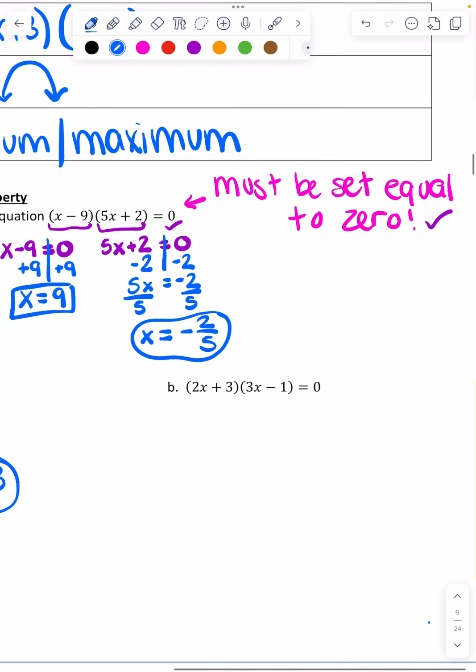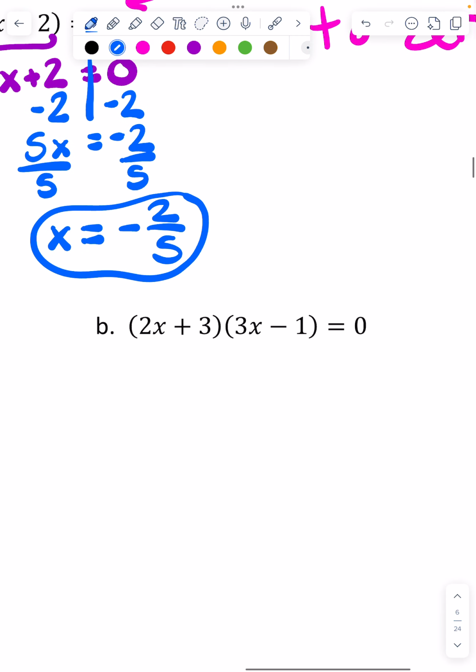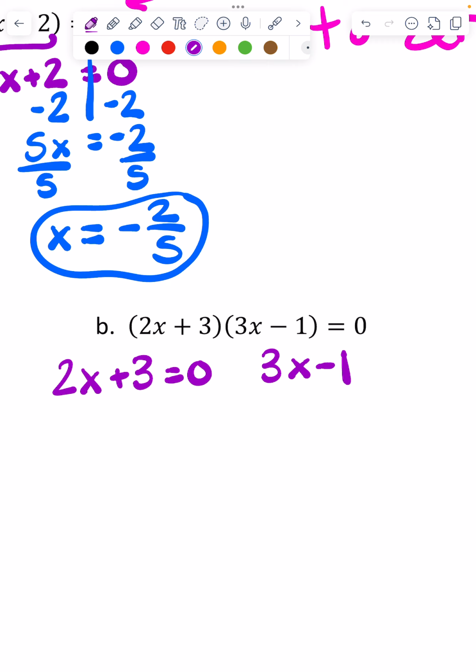All right, jump over to part B. One more, using our zero product property, we take each of our factors, set them equal to 0, and we solve.